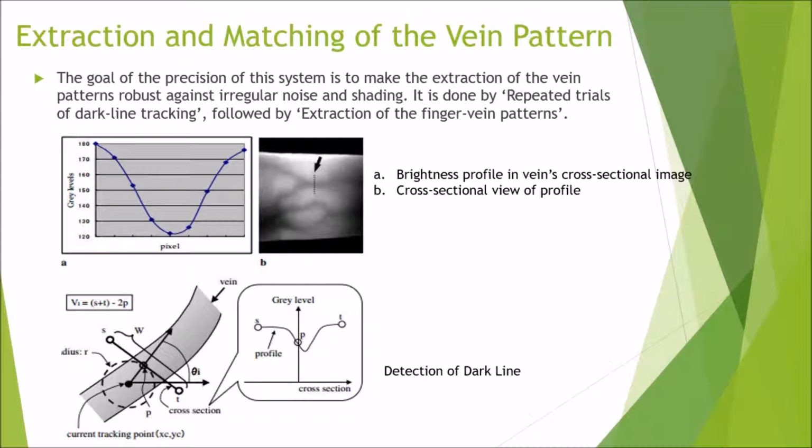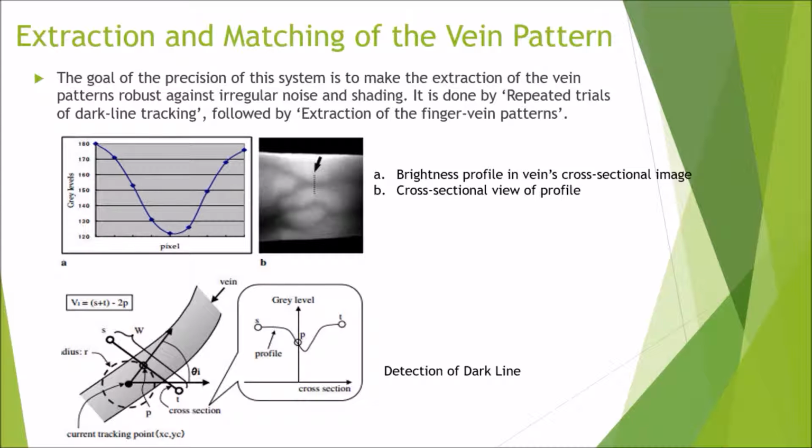If only a single line tracking operation is conducted, only a part of the veins within the image will be tracked. To solve this problem, vein tracking sequences are started at various positions that are determined so that the line tracking trials are conducted evenly across the image. The current tracking point may track a region of noise by chance.